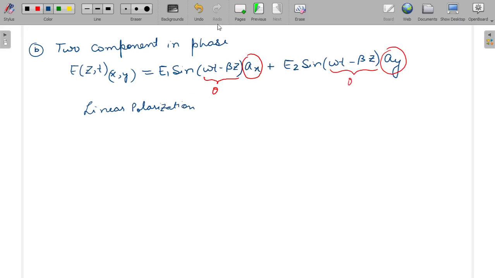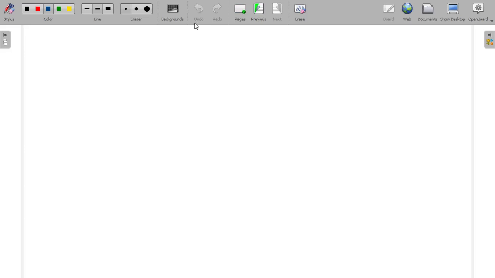Okay, now coming to the next case, that is circular polarization. In circular polarization, there are two electric field components whose magnitude is equal, means amplitude is equal, and the phase difference between them is 90 degrees. If one component is in the x direction, the other is in the y direction.